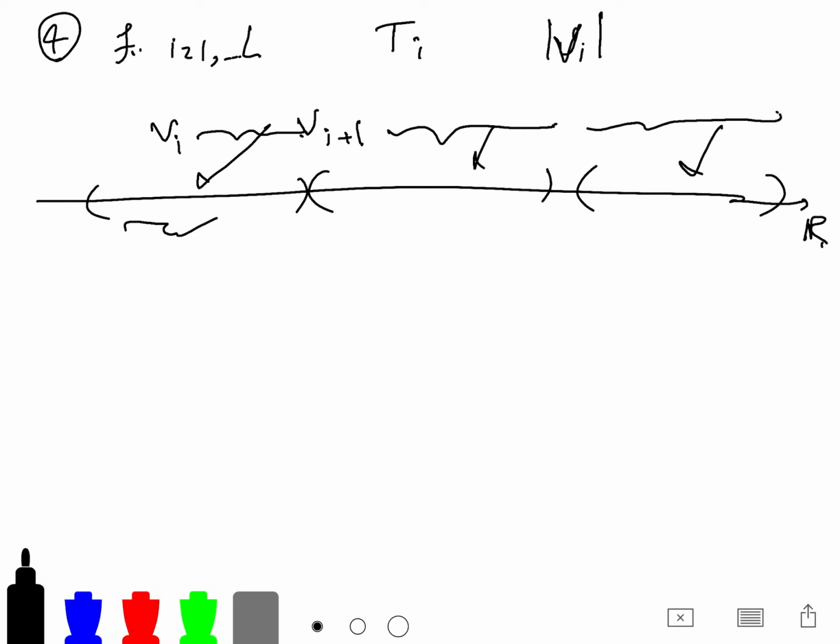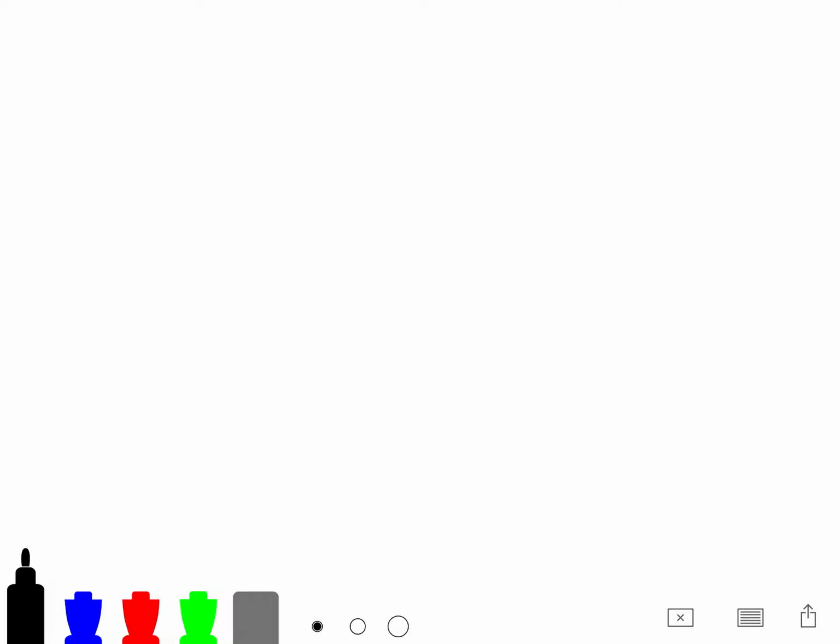And I just want to say another lemma. The lemma that I will prove is that for every i between 1 and L, and for every x in Vi, the distance between vi and x is less than c over 2.